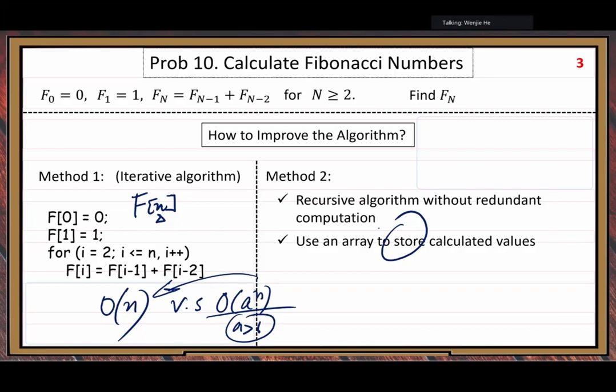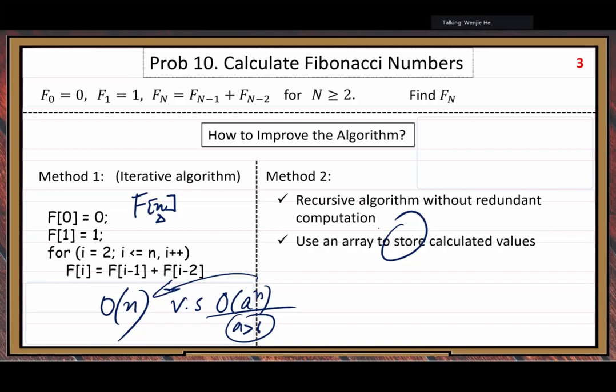How about this idea? So simple, right? Just use a little more resource. When you store, you need to use a little more resource, right? We're willing to pay extra resource. But the reward is huge because we avoid all the redundant calculation. That's the reward.